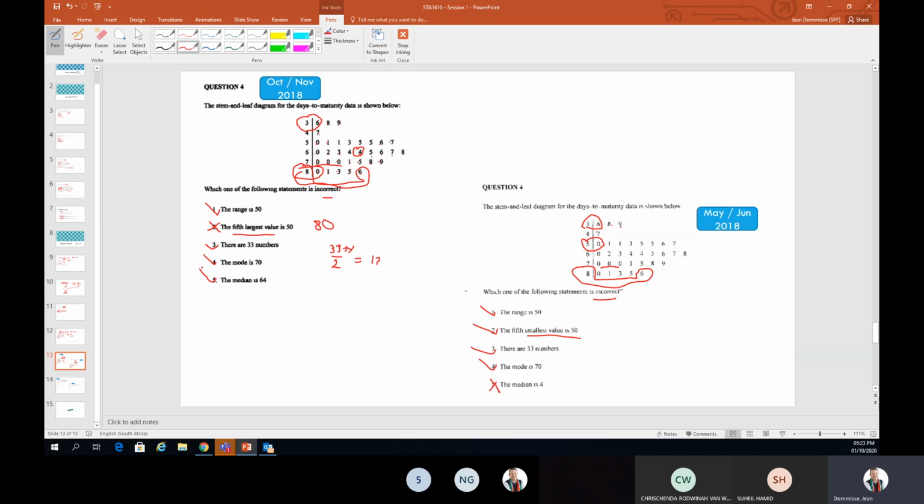Okay, so again, by having the 2 different questions, you can see it's 2 different answers, but it's looking at the same data. So again, covering the stem and leaf.